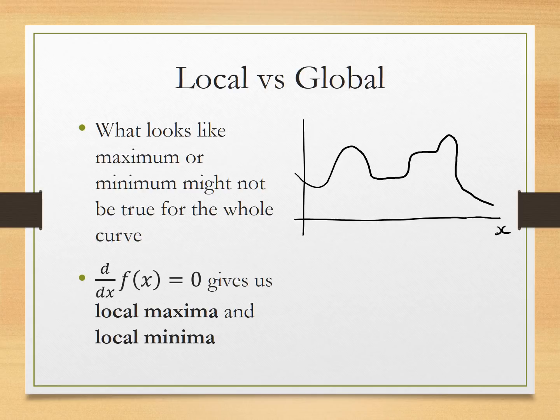It's a very weirdly shaped function, and let's say I give you the equation for this function, and you take the derivative to find the slope, and then you set it to 0 to solve for all the points that give you potential candidates for maximum and minimum. What would you find? That's what you find.